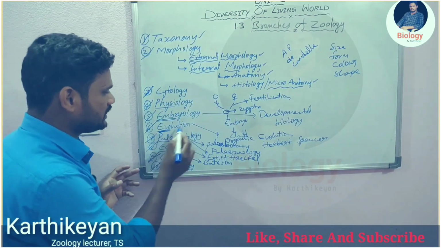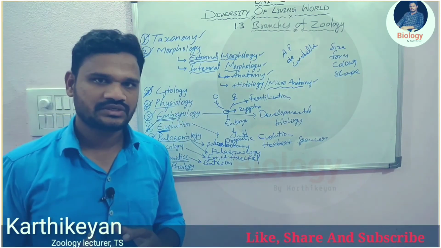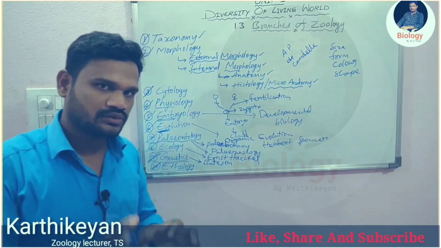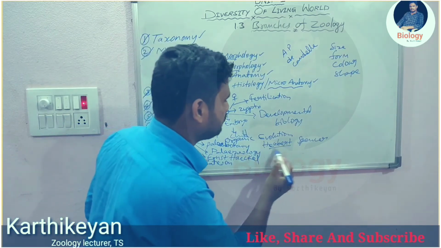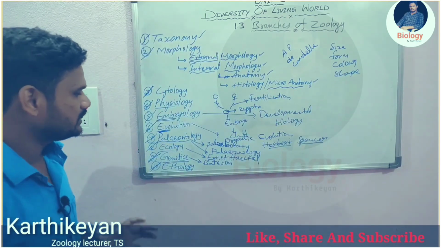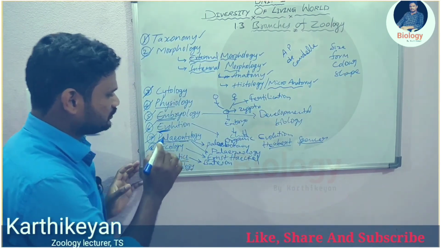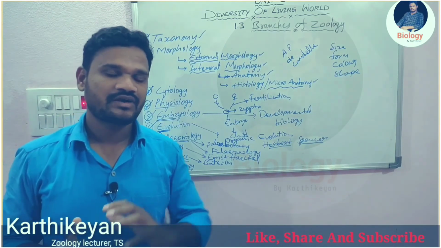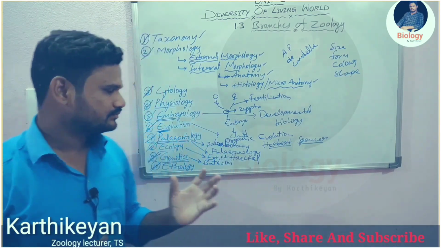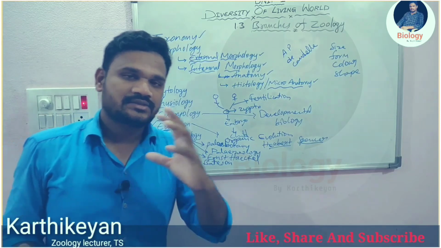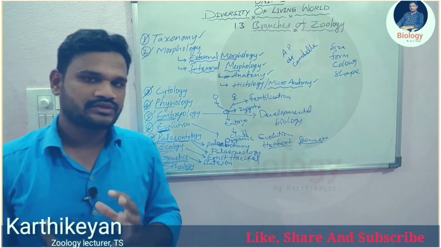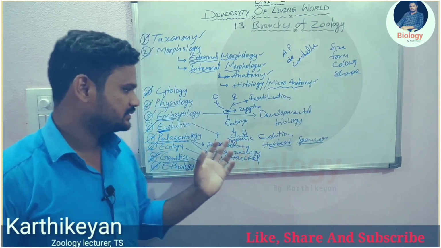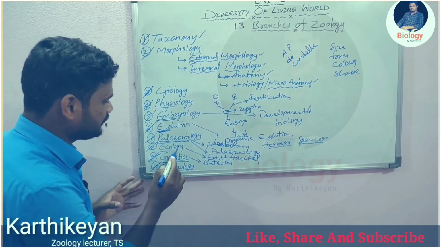Next, this evolution, which means the organic evolution word was coined by Herbert Spencer. This is also very important. And next, paleontology. Paleontology means it is the study of ancestor animals or of plants. If we study about ancestor plants, that is paleobotany. If we study about ancestor animals, that is paleozoology. Next, ecology.